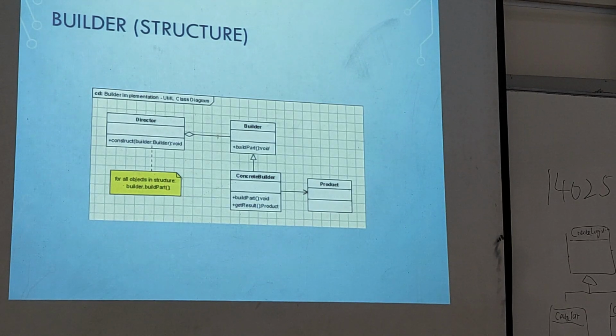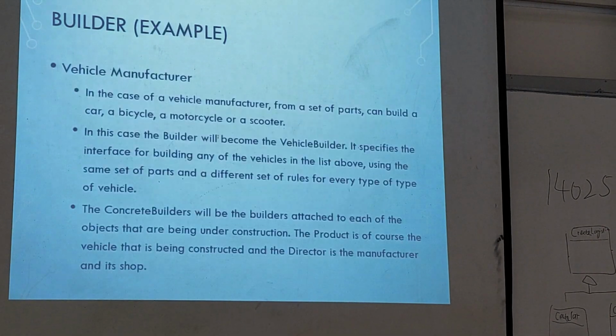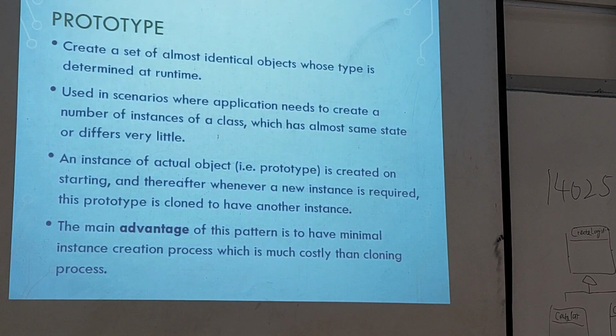In this case, we may make use of the prototype method. Prototype: create a set of almost identical objects. Let's say, for example, we are going to create 10 objects at once, and all the objects are almost similar.